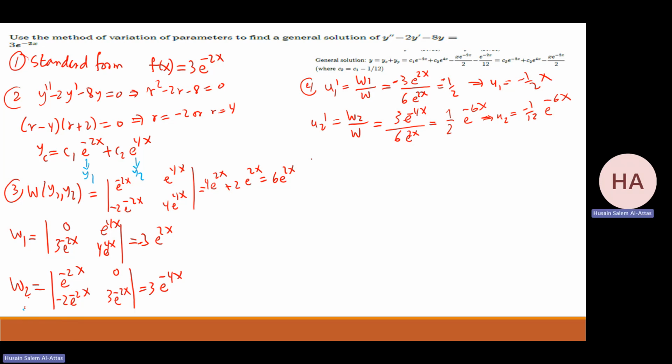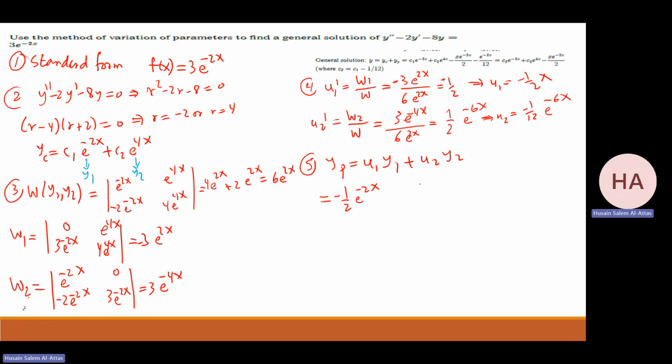Now, what is my YP? YP will be U1 Y1 plus U2 Y2. Be careful now with the calculation. I have what? Y1 is e to the minus 2x, that will be minus half x, e to the minus 2x.